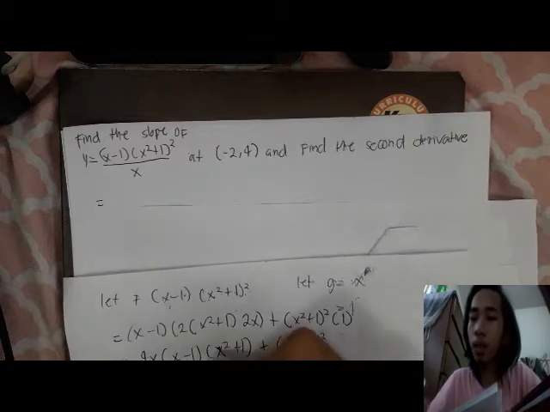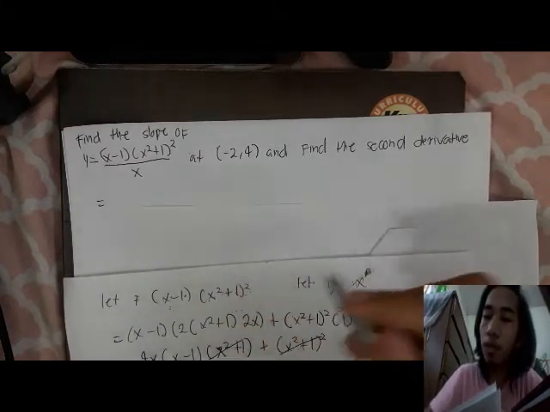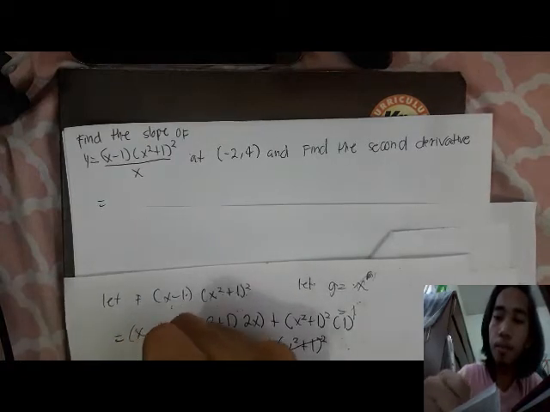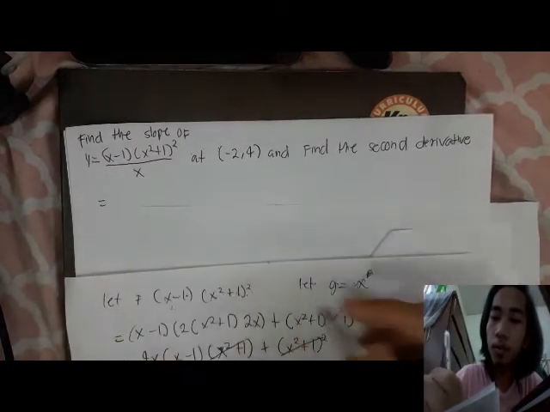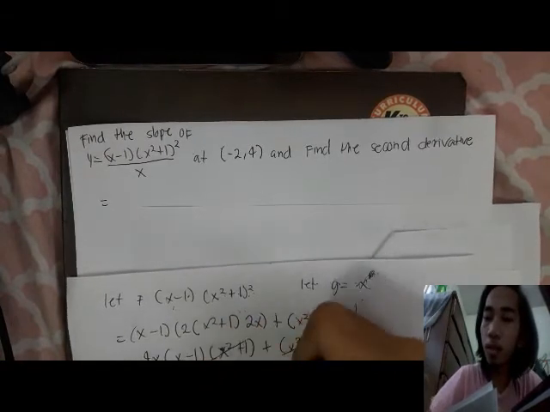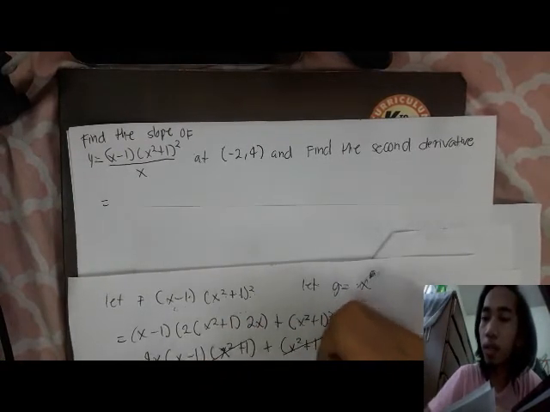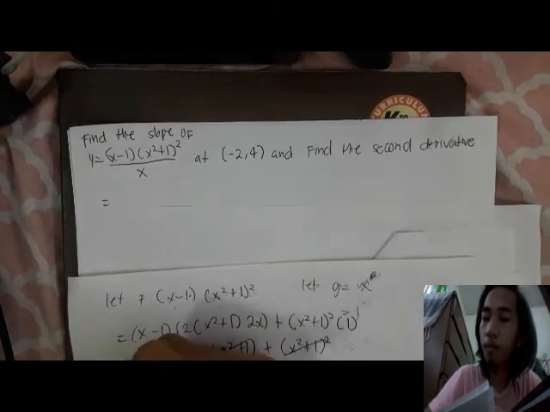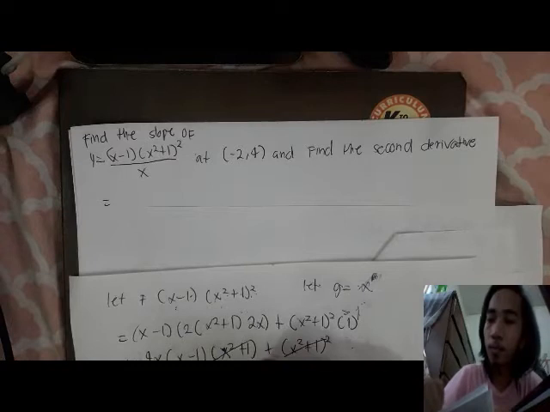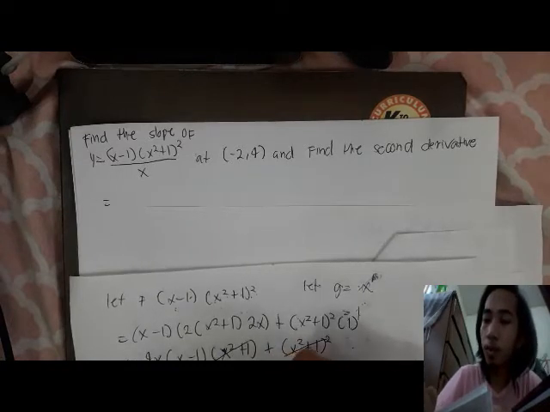So, tingnan natin kung may ma-factor, which is ma-factor natin ang x squared plus 1. So, ang matitira na lang is 4x times x minus 1 plus x squared plus 1. So, simplify natin further, 4x squared minus 4x plus x squared plus 1.